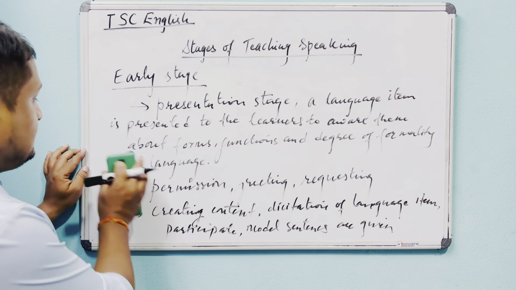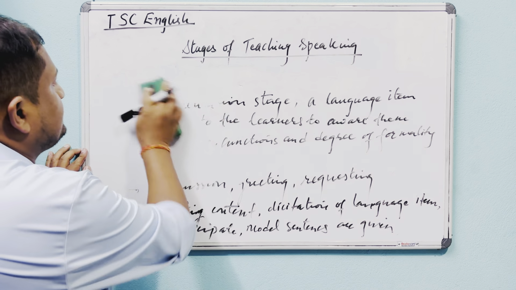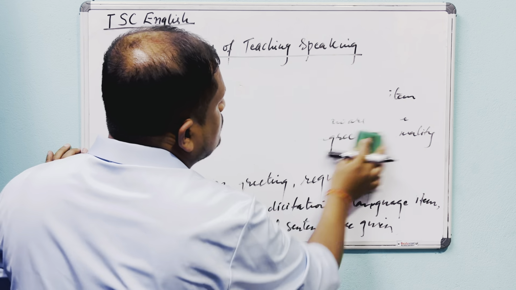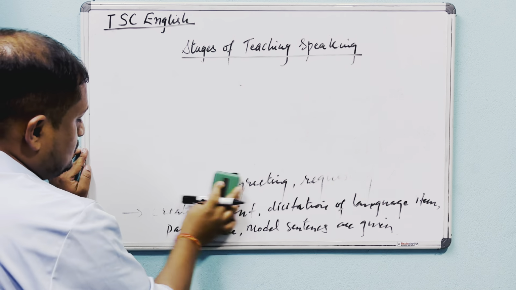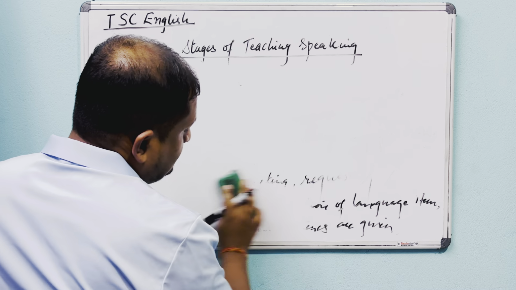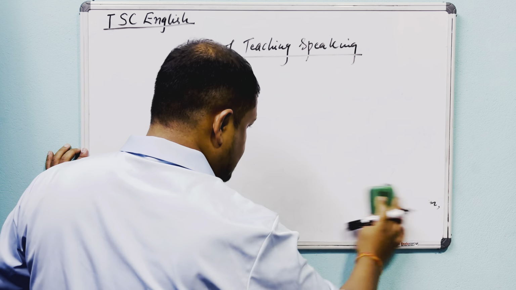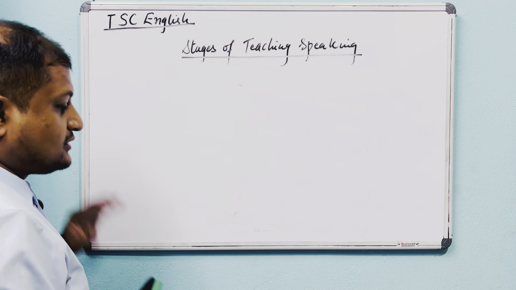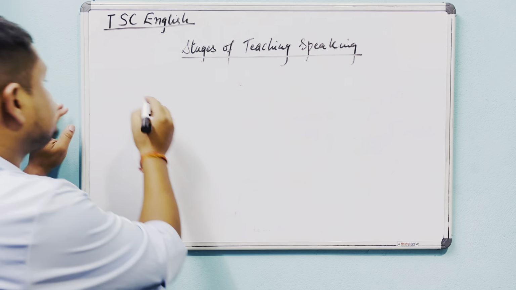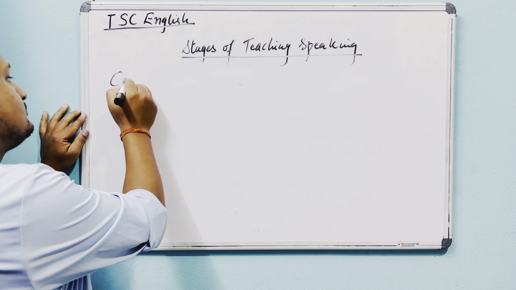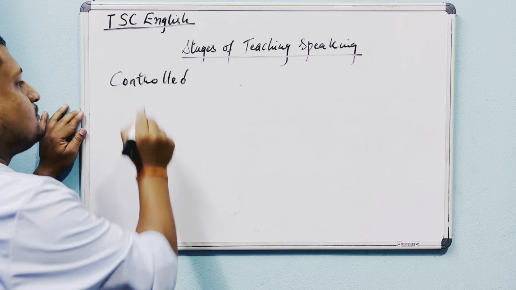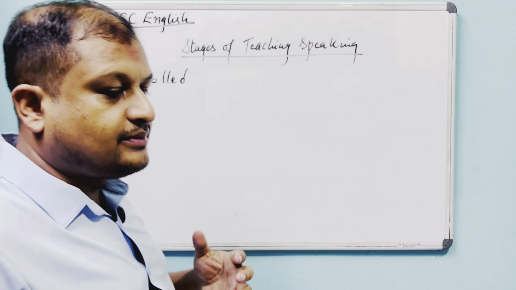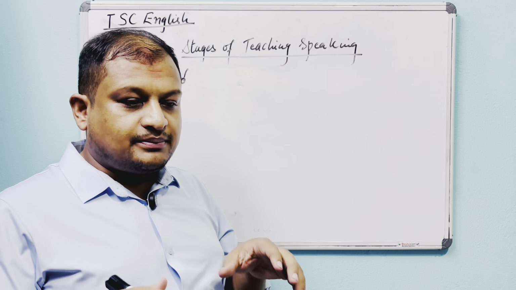The second stage is the controlled stage. Sometimes it is controlled by the teacher, sometimes by the students themselves. When a baby is born, in order to teach the baby to walk, what do the parents do?